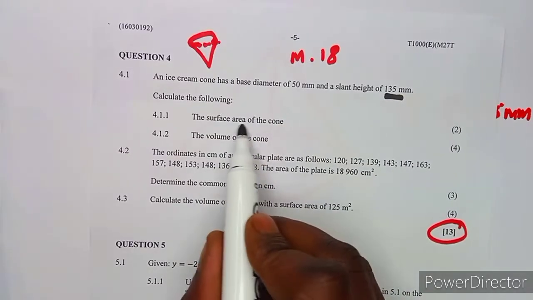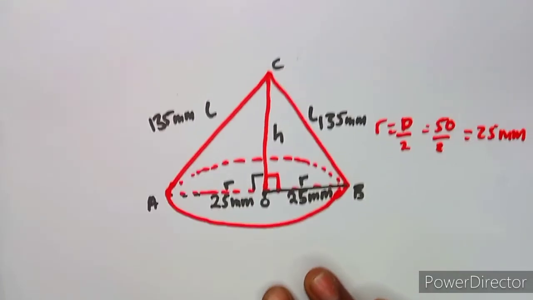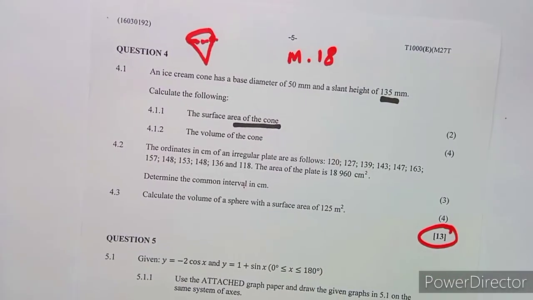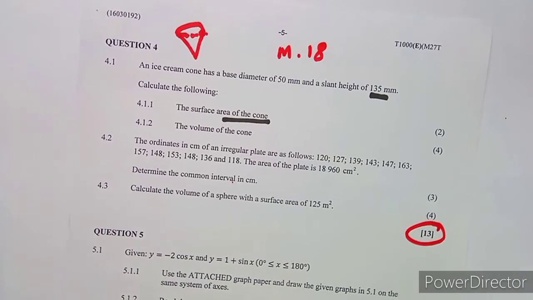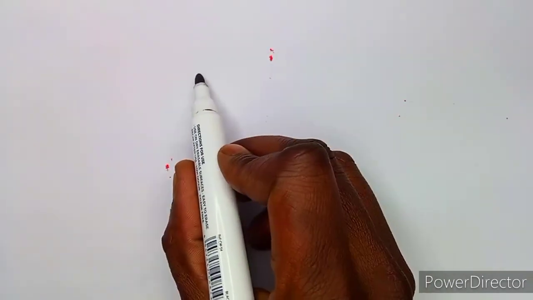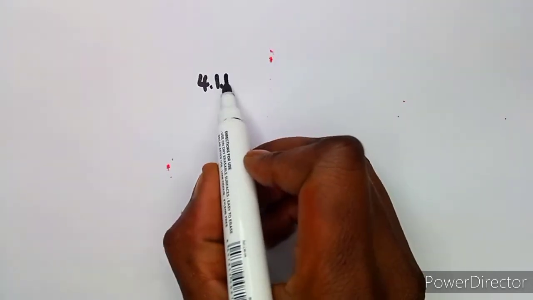All right, so the first question is for us to calculate the surface area of the given cone, and we know that from our formula sheet, it's only that I'm not having the formula sheet now, but we actually know that for a cone the surface area is pi r L. Let me just write it here. This is 4.11.